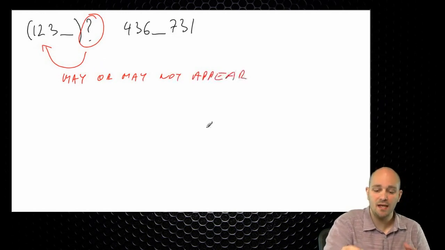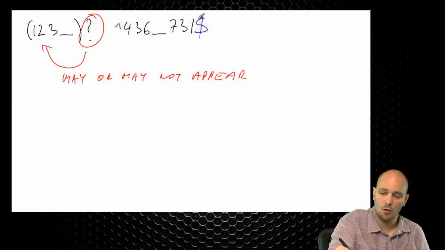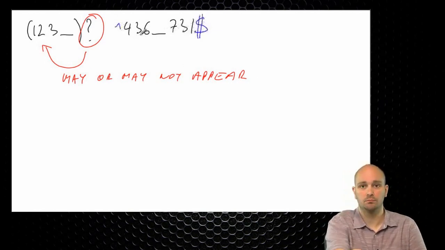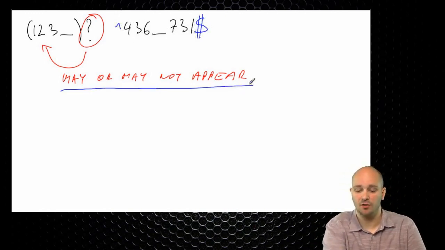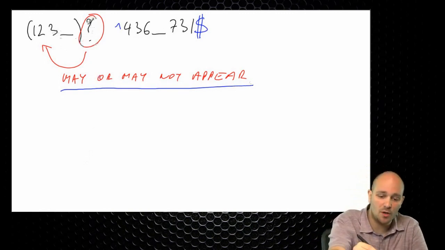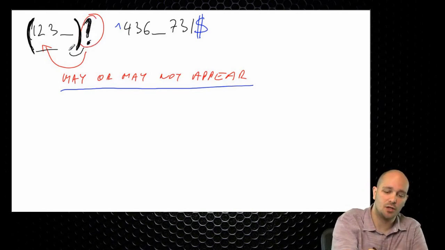So I'm saying in my pattern that this, 1, 2, 3, may or may not appear. Does it appear? It doesn't. We have still satisfied the requirements of the task. This is an optional pattern, but this question mark here applies to the whole group now. It doesn't apply to a single character. Because of the parentheses, this behavior modifier, as it's correctly called in regular expressions, actually applies to the whole group of characters.